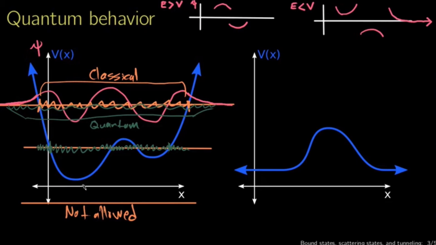So if the wave function is, say, coming down to kiss the axis here, because we know we need something normalizable, it's just going to keep curving away from the axis here, and we'll get something that is completely non-normalizable. Same thing happens if I try to make it kiss the axis on this side. I'll get something that blows up in the positive direction. So we're still not allowed to have energies below, but for limited regions.